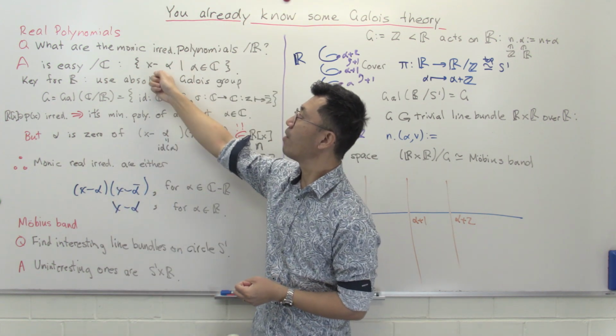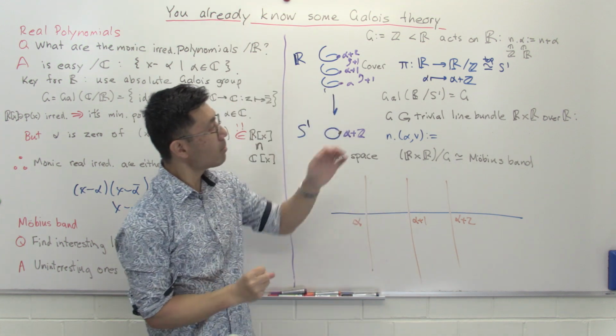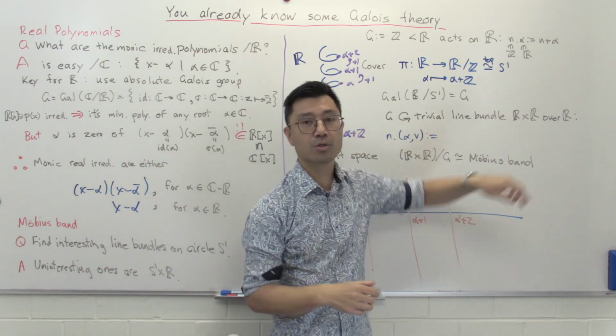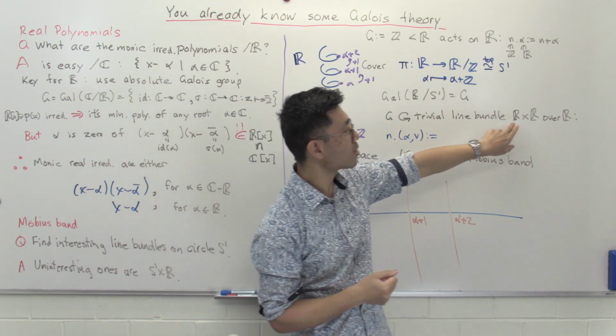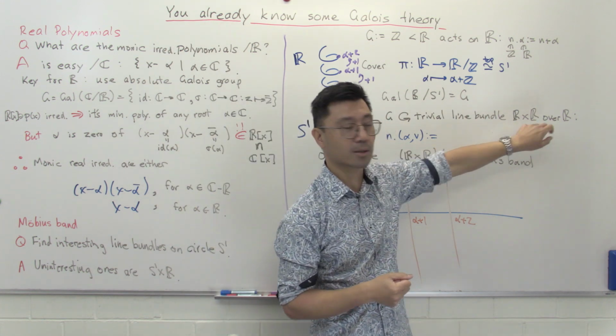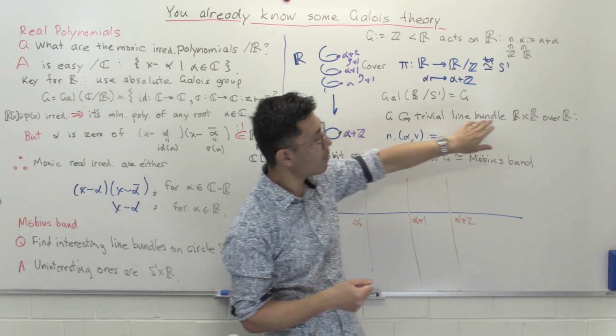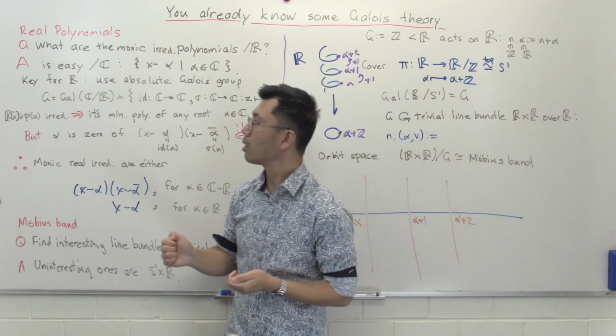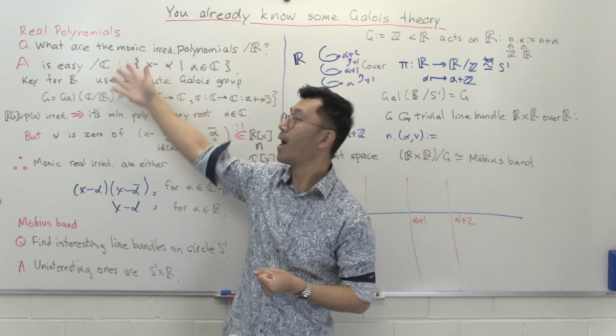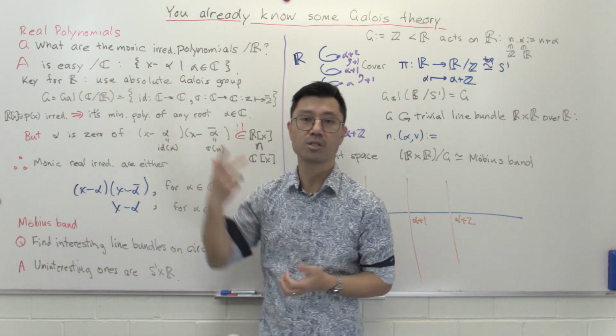Similarly, remember what I told you about line bundles over R. R is contractible, so they have to be trivial. Trivial here means it has to be of the form R cross R. So we're going to start with a trivial line bundle on R cross R. But what we're going to do is let this group act in such a way to get interesting objects.